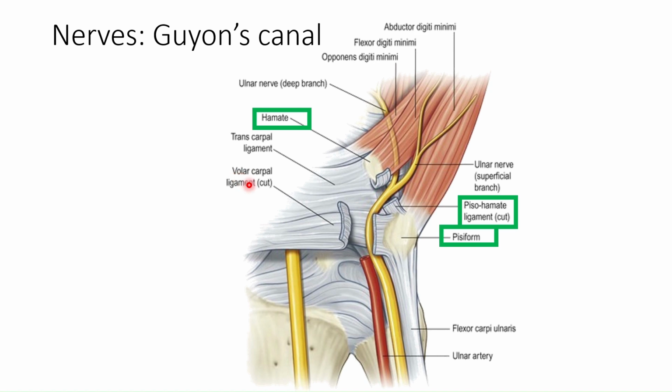The ulnar nerve travels through a separate tunnel called Guyon's Canal, visualized here. This tunnel is formed by two carpal bones, the pisiform and the hamate, and the pisohamate ligament that connects them.